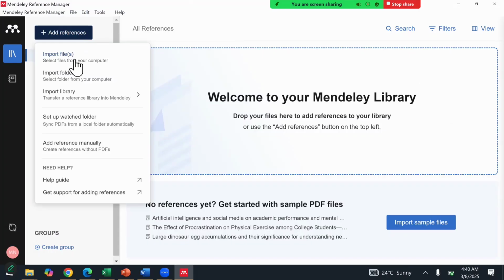So I told you that you have to download all the articles and then you can save them in one folder. Or you can also add one by one.